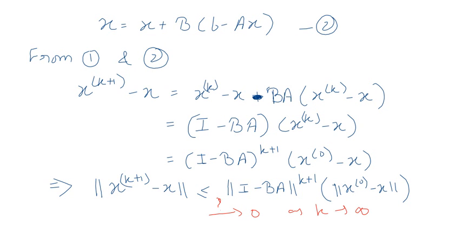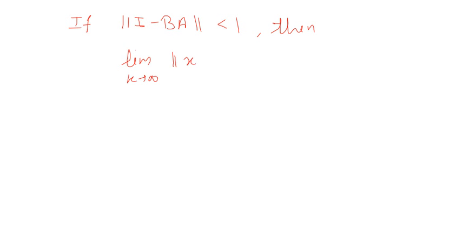So whenever this norm of I minus BA is less than 1, then I can say the limit as k tends to infinity of norm of xk plus 1 minus x is equal to 0.